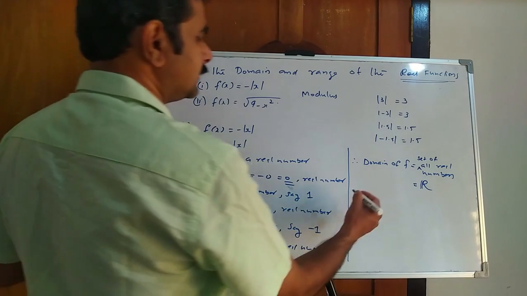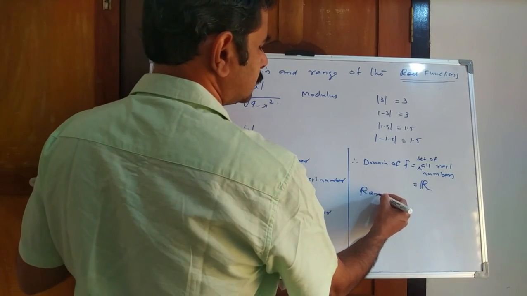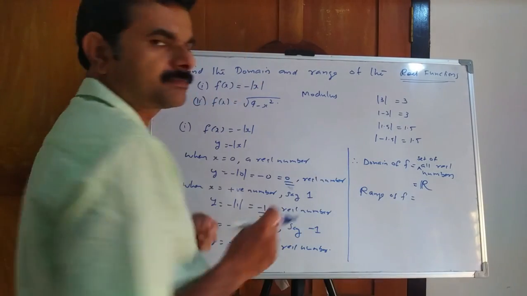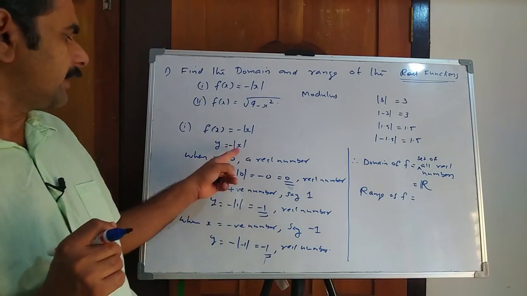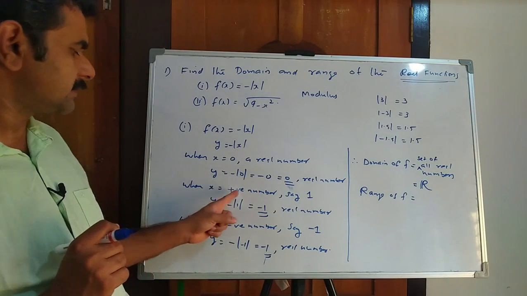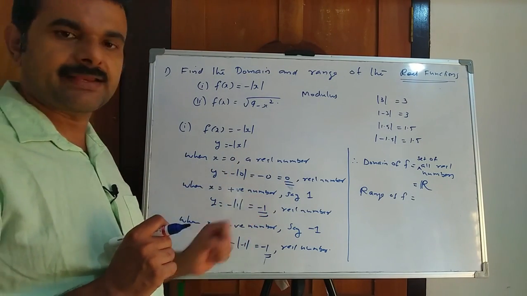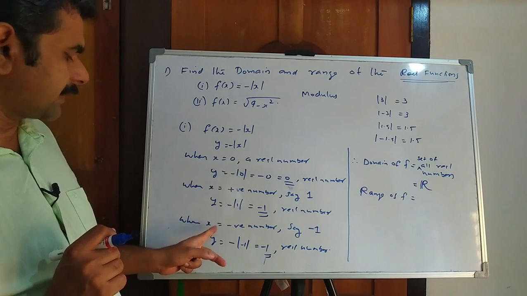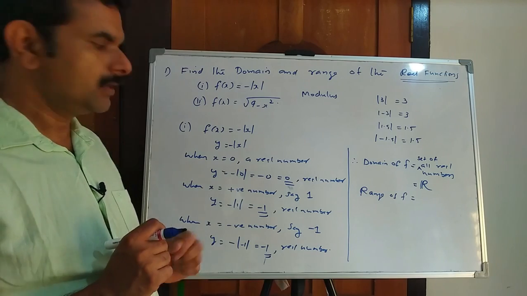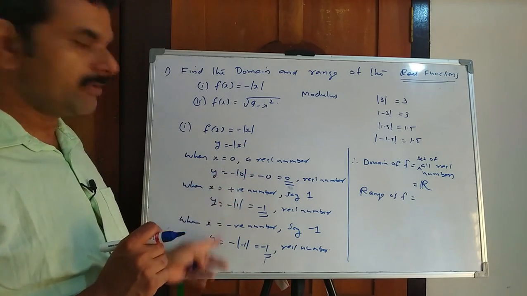Then what about the range? The range of f is equal to what? When you put x equal to 0, you get 0. When you put x equal to a positive number, you get a negative. When you put x equal to a negative number, you also get a negative. So range means y values.